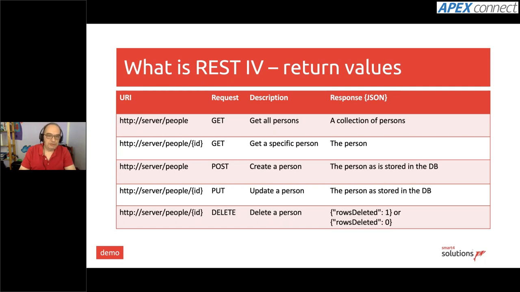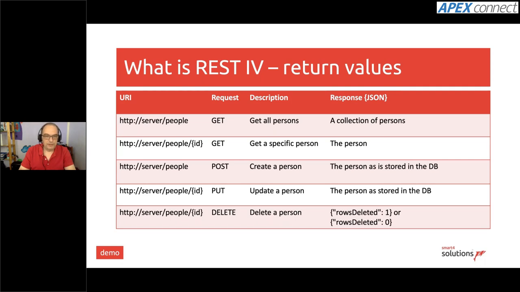If I post, if I create a new person, then of course I don't know the ID yet, and I post to the same URL as I do when I get a collection of the entire list of persons.